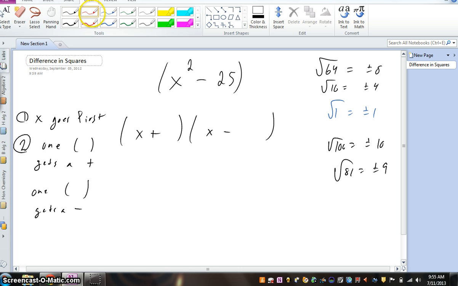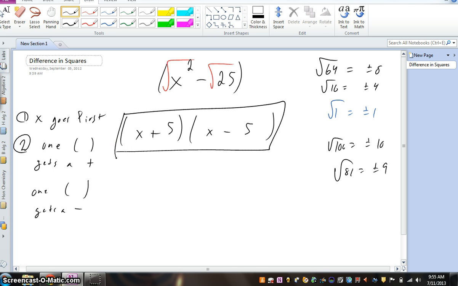You don't have to write this on your problem every time, but essentially we're taking the square root of our numbers here. The square root of 1x squared is going to be 1x. And you should know this, the square root of 25 is plus and minus 5. So I'm going to erase these 1s because we don't need to write those, and we get x plus 5 and x minus 5.